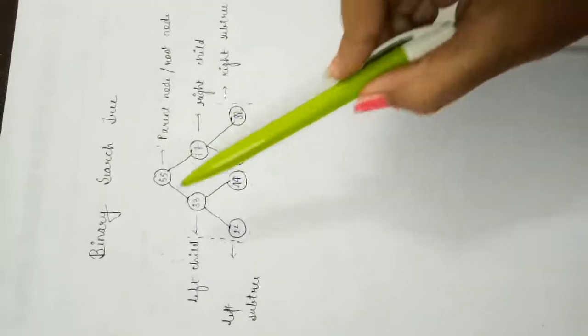Now, we can see that in a binary search tree, all the elements present on the left side of the root node are smaller than the root node and all the elements present on the right side of the root node are greater than the root node.